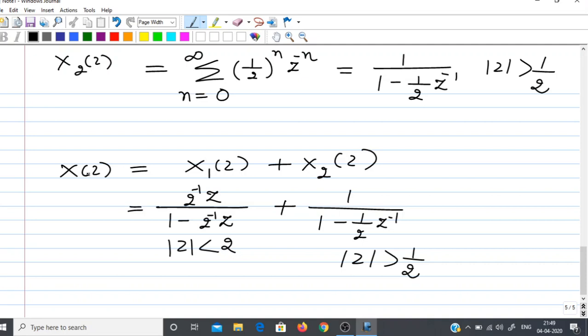So for the convergence of x(z), both x1 and x2 must converge simultaneously. The question is when both converge simultaneously. In that region only x(z) would converge, so we have to find the common region where both x1 and x2 converge. What is that common region?